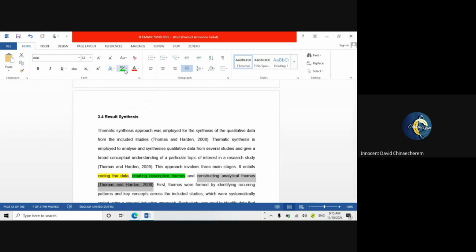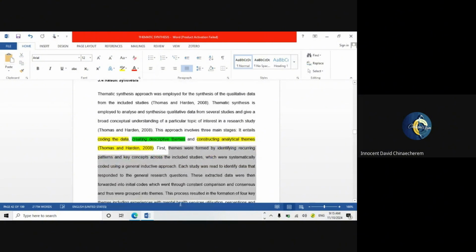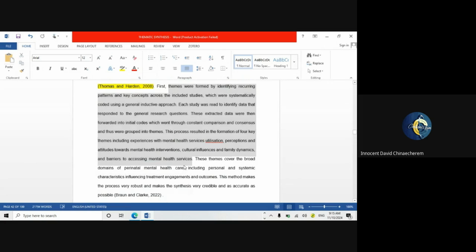So these are all the things that we did to get going. At the end of the day, we were able to come up with four things: experiences of mental health service utilization, then the second, third, and fourth.